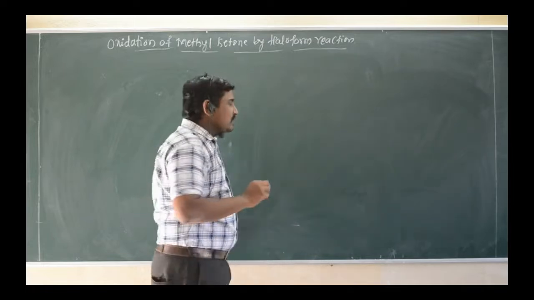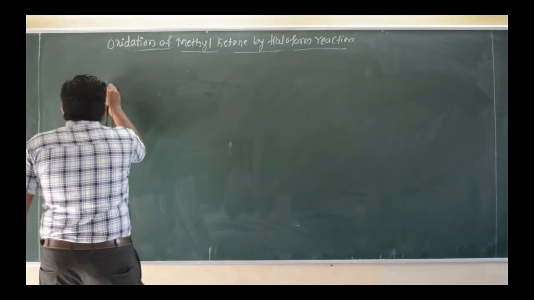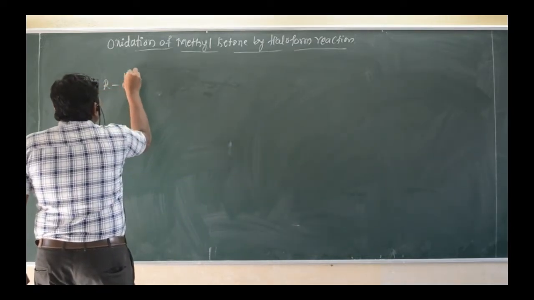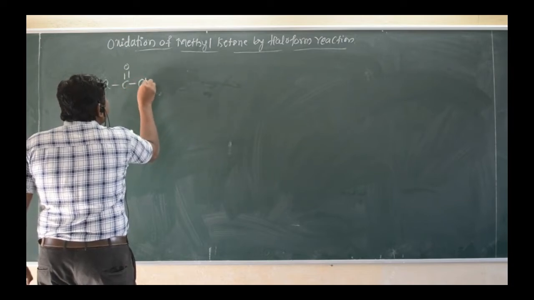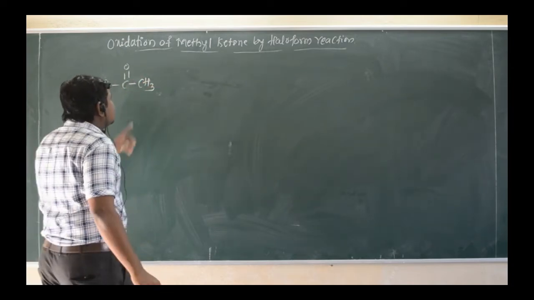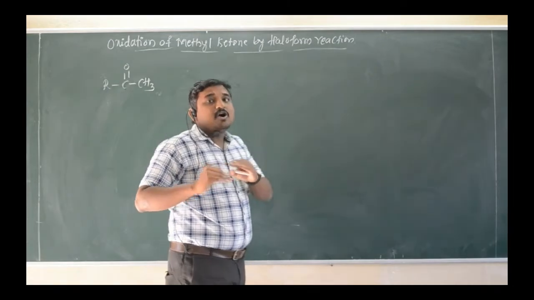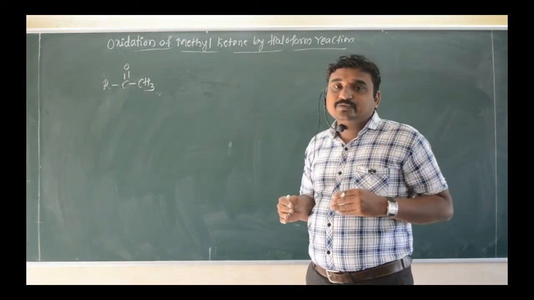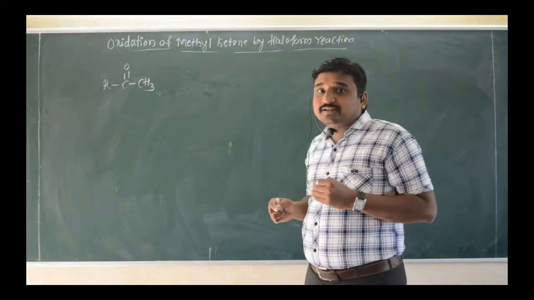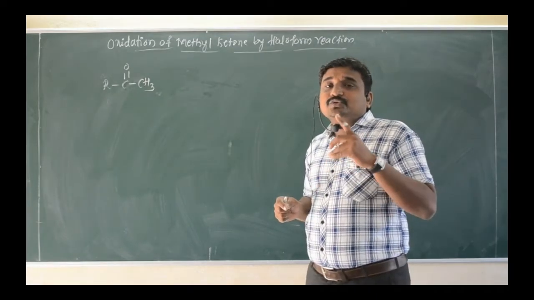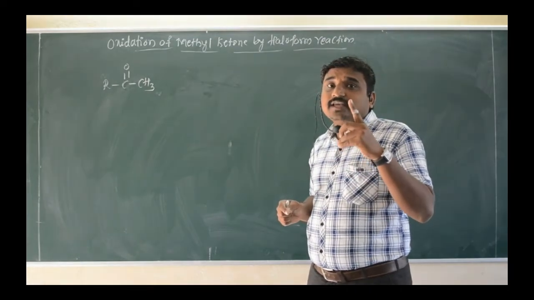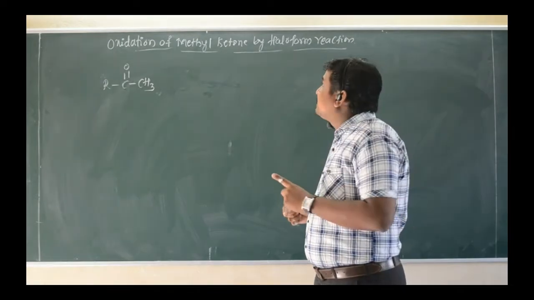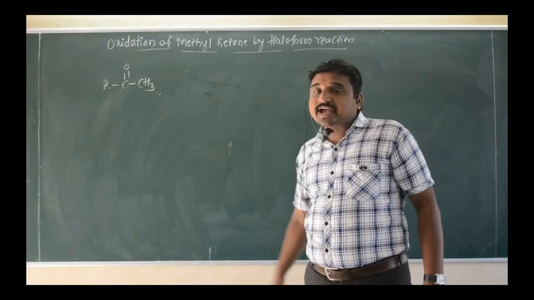That means the ketone where the carbonyl carbon is at least attached to one methyl group. This methyl group undergoes oxidation by the sodium hypohalite, so that produces sodium salts of carboxylic acid. This reaction is called the haloform reaction.